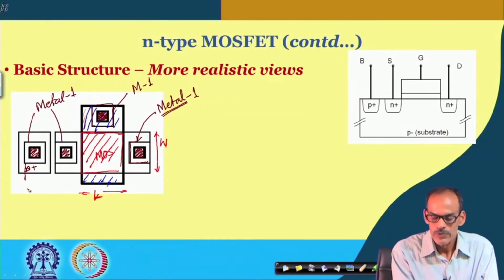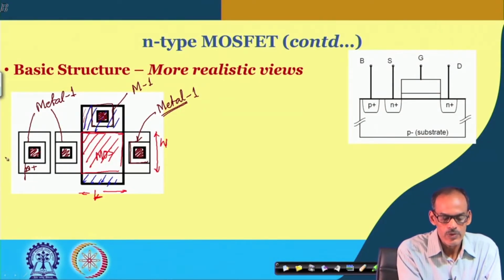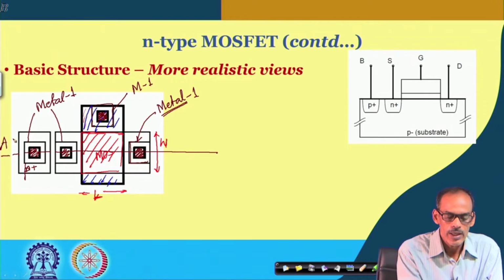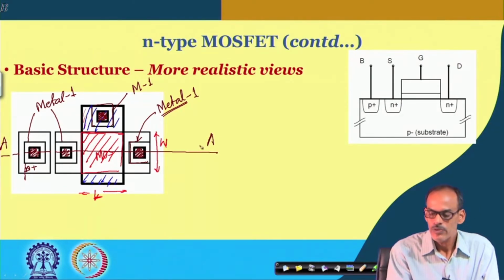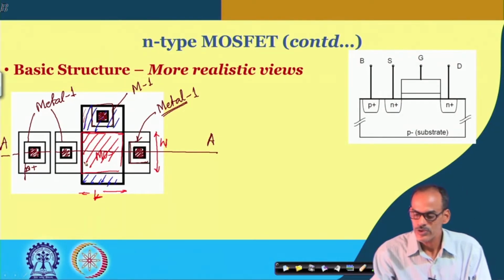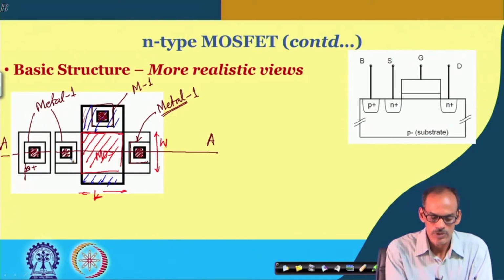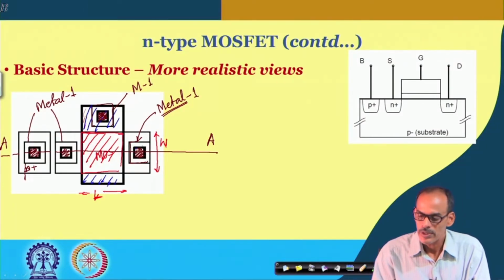So, if you take a cross sectional view along this axis, if I say A dash, then you can say that the cross sectional view will be similar to whatever is shown here. However, it will be slightly different if you are looking for a more exact interpretation.